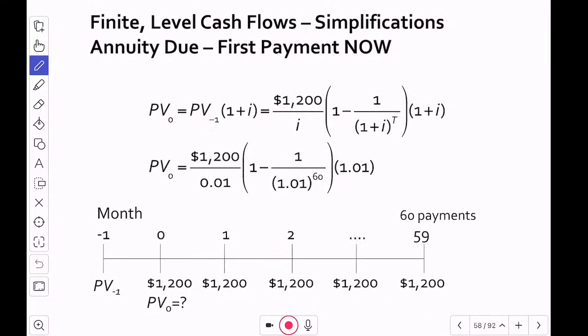All right, the third method is recognizing that this timeline could be visualized as an annuity, but if you treated it like a regular 60 payment annuity, what you would be finding is the value one period before.